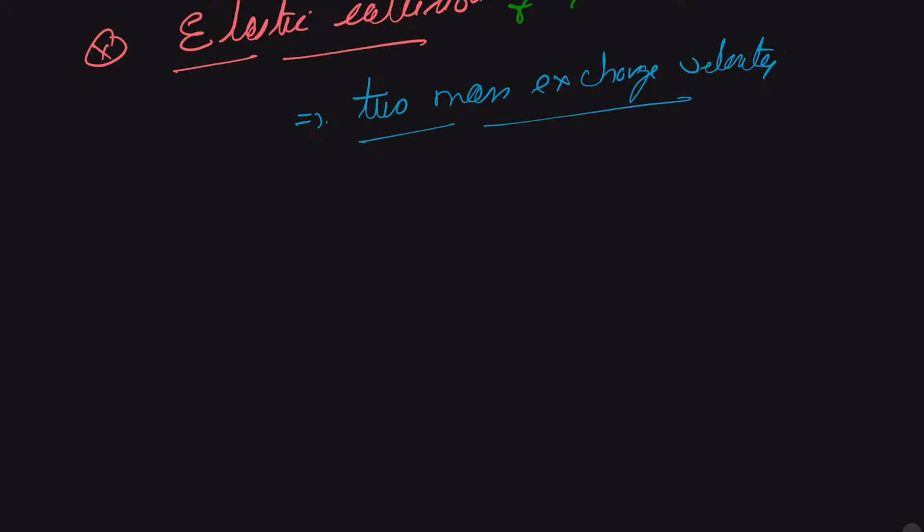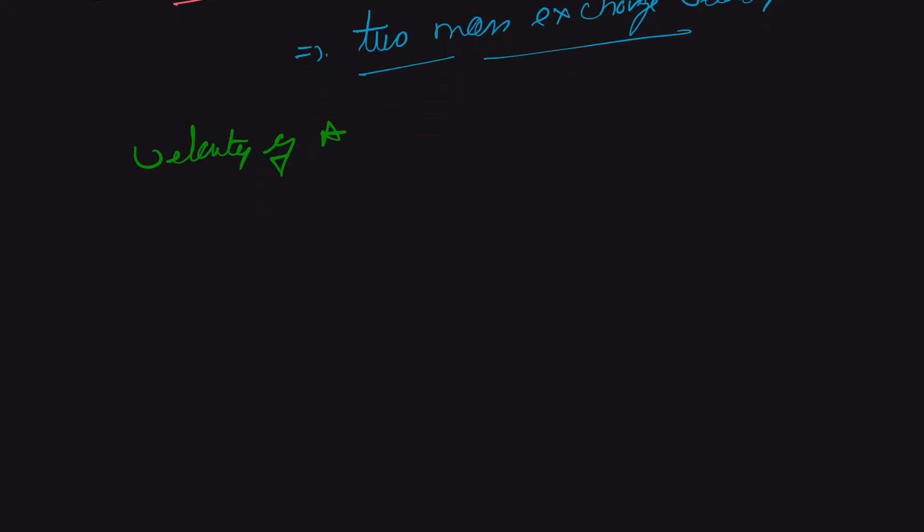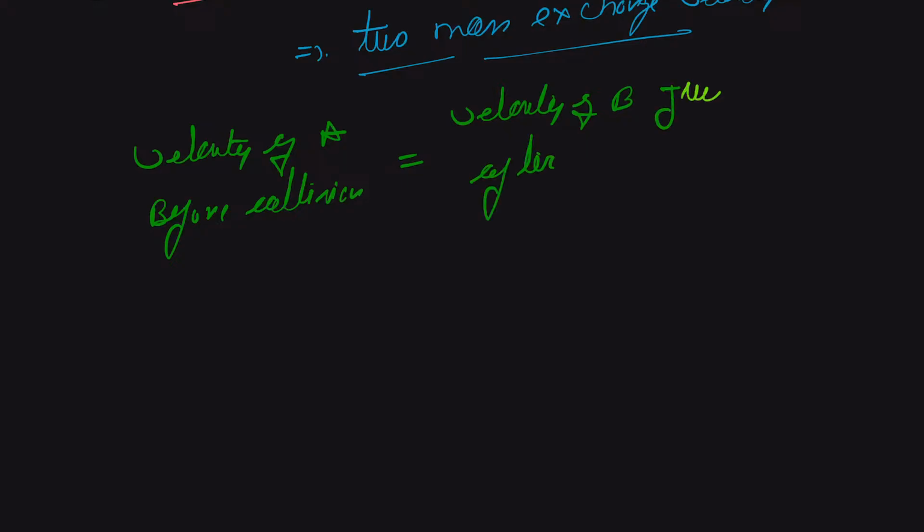So it means that the velocity of A before collision will be equal to the velocity of B just after collision, or here also just before collision.